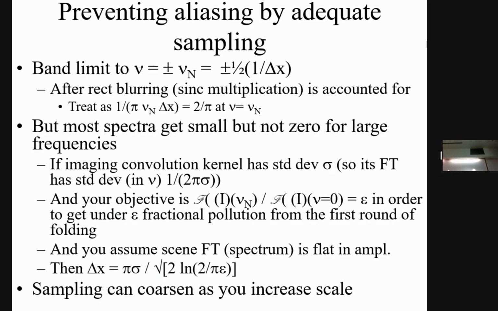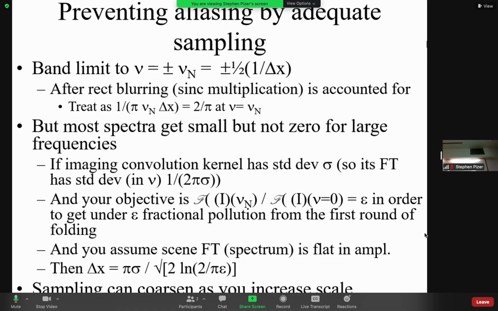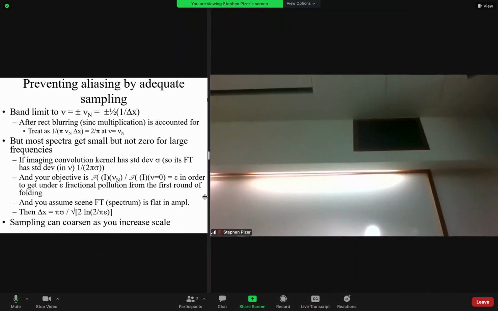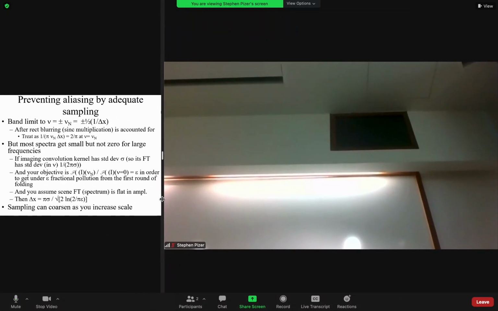Of course, finer means that you have to store more pixels than before, or more voxels in 3D. This was the conclusion we came to last time. Any questions about that conclusion?